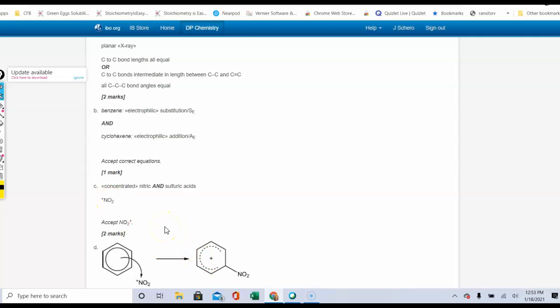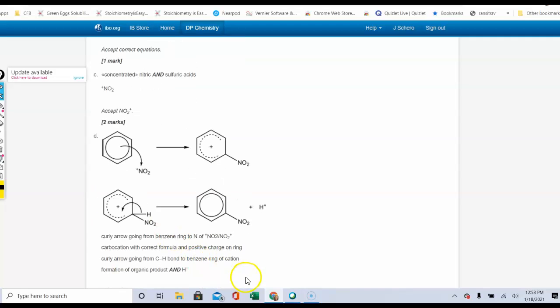Okay, so the next part asks you to go through the mechanism of the formation of nitrobenzene. It is two steps: the addition of the nitronium ion to the benzene, and then the reformation of the resonance structure.